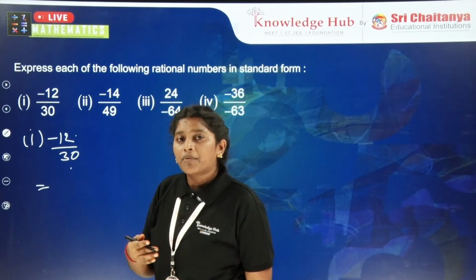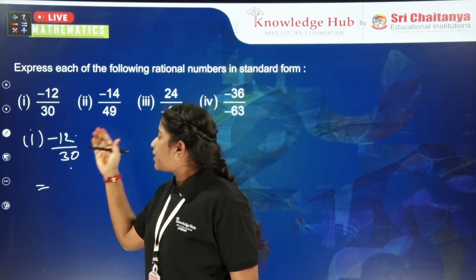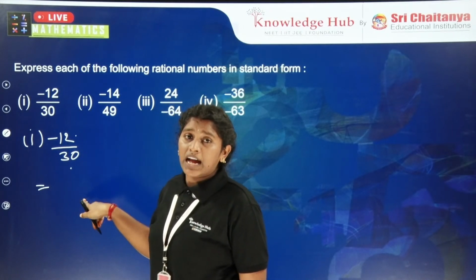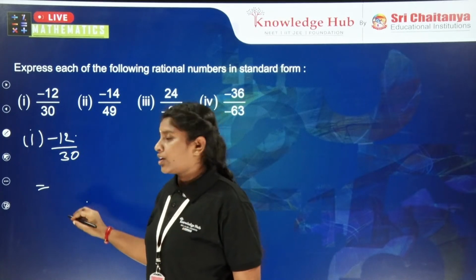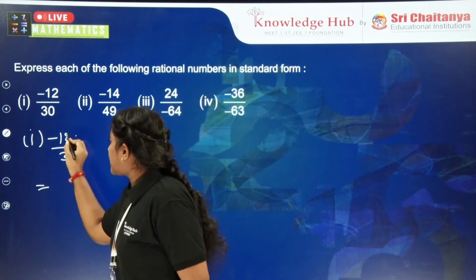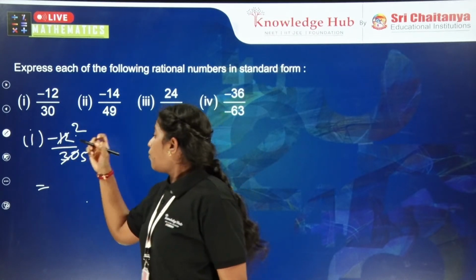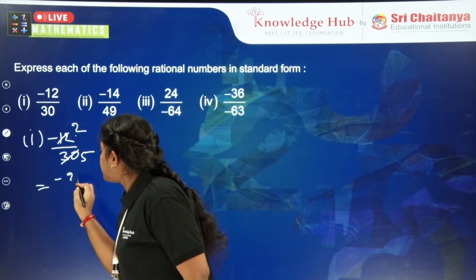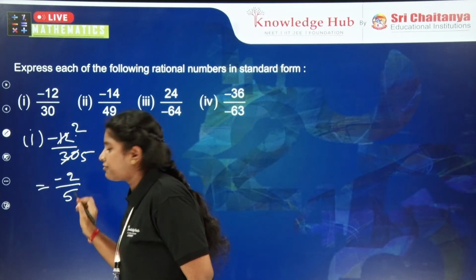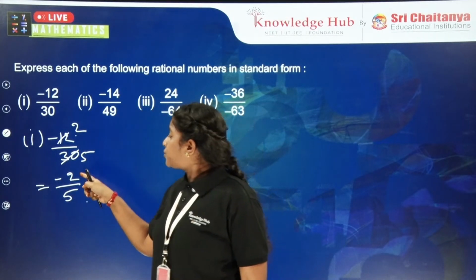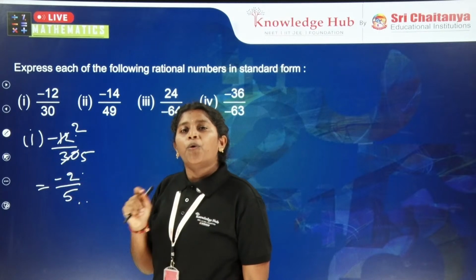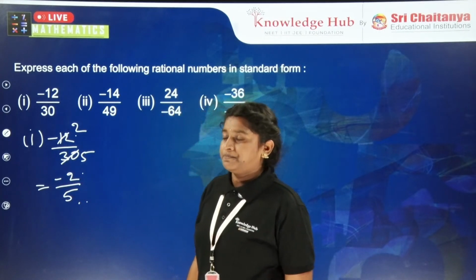If you take your highest common factor, it will be 6, or you can also start taking from 2. Now 6 will cancel 12 for 2 times and 6 will cancel 30 for 5 times. On further simplification, the rational number becomes minus 2 by 5. Now 2 and 5 have only 1 as the common factor between them.